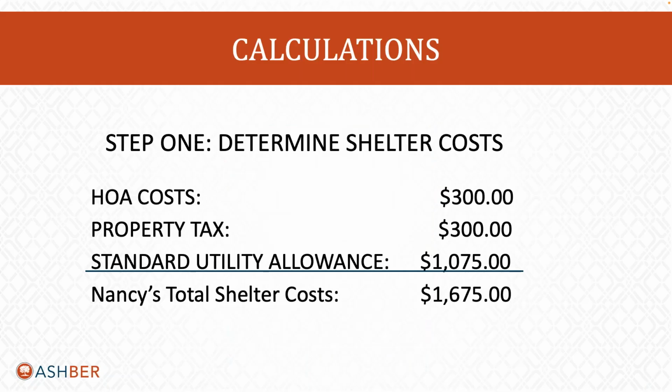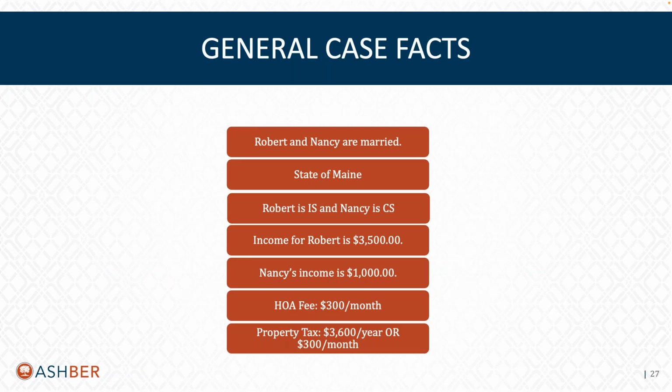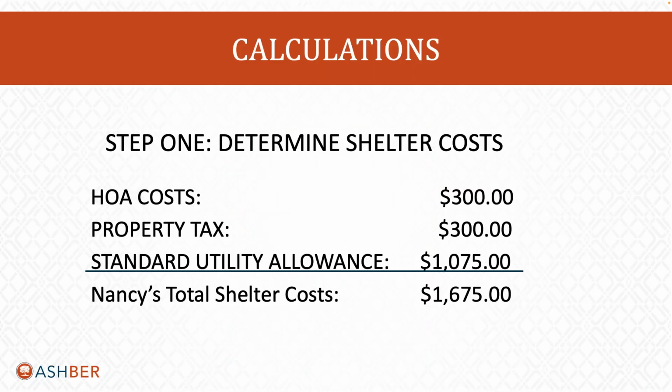So the first thing that we're going to do, and this is different from the other ones, is that we're going to determine the shelter costs. And how we do that is by adding up all the shelter expenses. So as you note from the previous slide, the HOA fee is applicable, the property tax is applicable. So this scenario tells me that Nancy owns her own home and there's no mortgage to pay off, but they reside in an HOA and still have property taxes to pay.